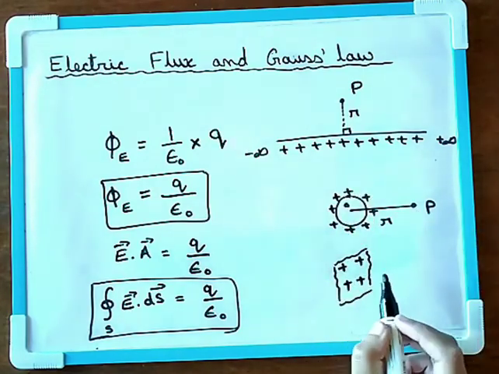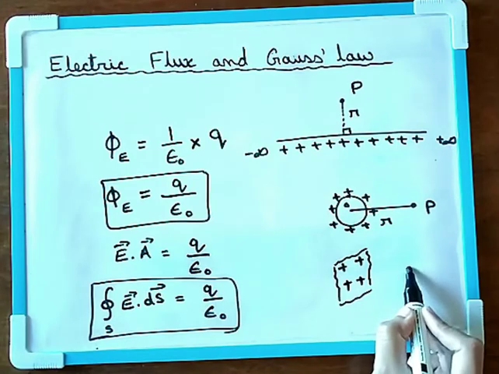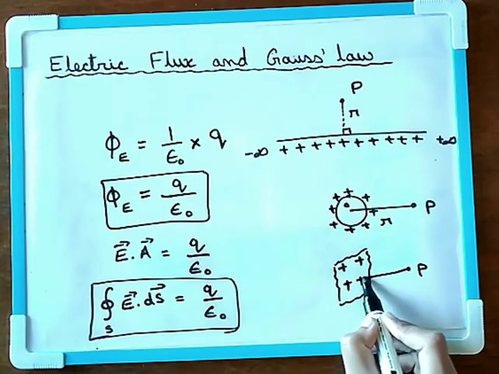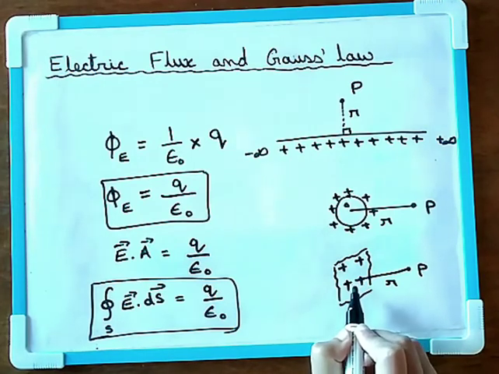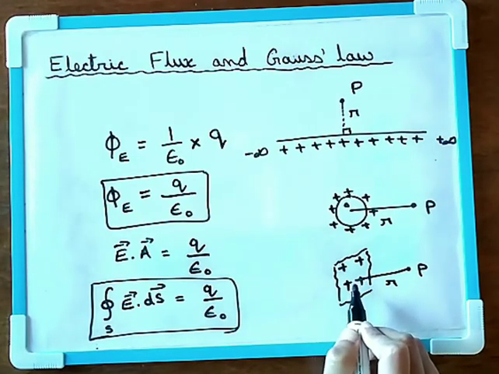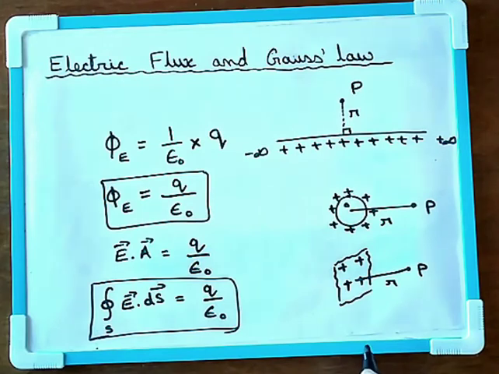If you want to find the electric field intensity at this point P, which is at a perpendicular distance R from this thin sheet, then again here also we'll have to use this concept of electric flux and Gauss law.